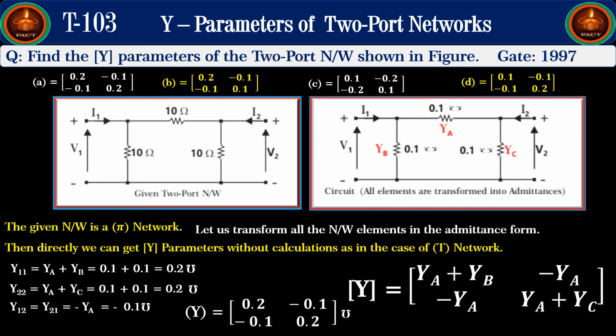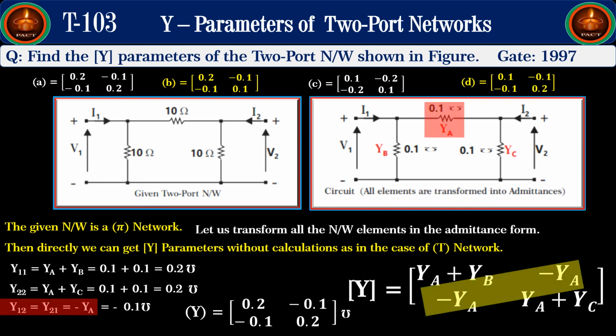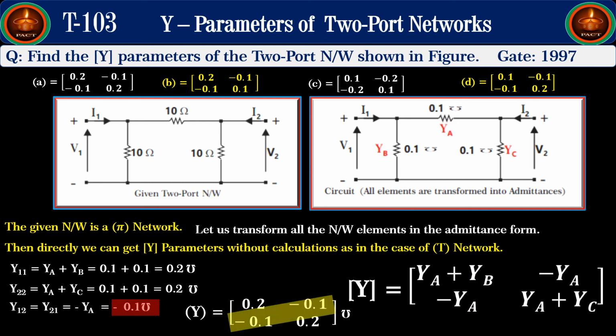Note this, remember this. Hence, by substituting the value, we get y12 is equal to y21 is equal to minus 0.1 mho. So, you see that all the parameters we obtained are the same as those of option A, and hence option A is the correct answer.